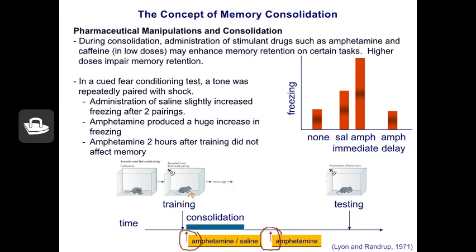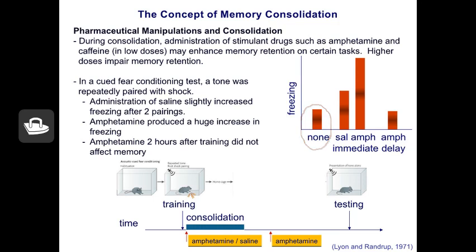Now, what Lyon and Randrup found, excuse me, is that rats given no treatment in the cued fear conditioning experiment, of course, exhibited some freezing when tested with the cue that had been associated with foot shock.